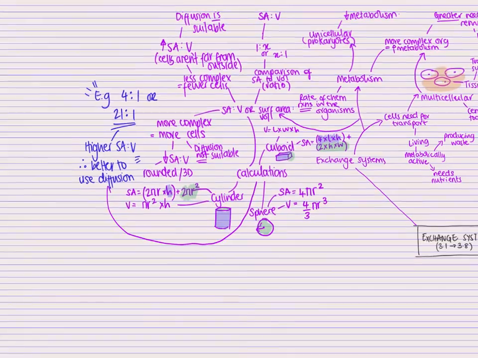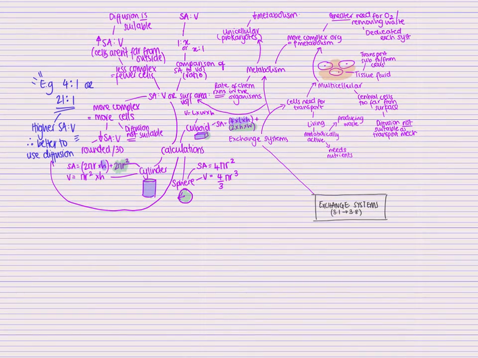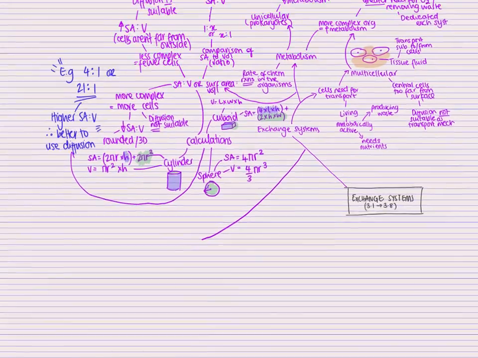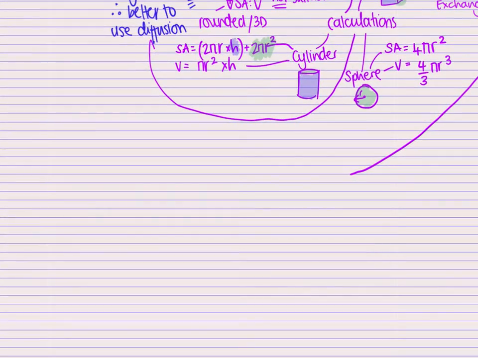So now we're going to carry on. I'm going to carry on using that branch for the exchange systems because it's still sort of linked, and I'm going to go down to this bottom section of the page and we're going to have a look at the features of exchange systems. So again, this should be a nice bit of revision, but we're going to cover it all in quite a bit of detail anyway, just in case.